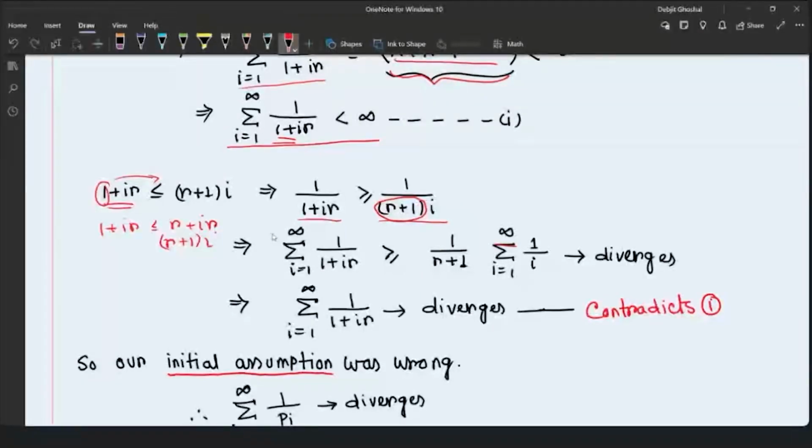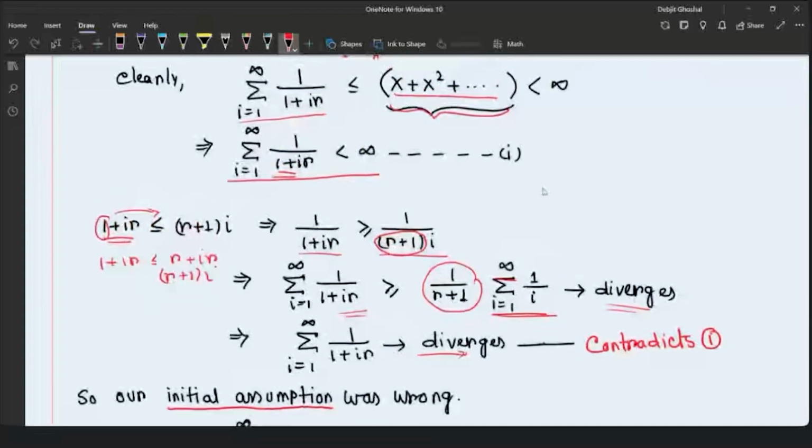Now, in the past, we have proved that this series diverges. So any multiple of this series also diverges. So what we got is that this series is bigger than a series which is divergent. It means that this has to be divergent, no? And this contradicts this.